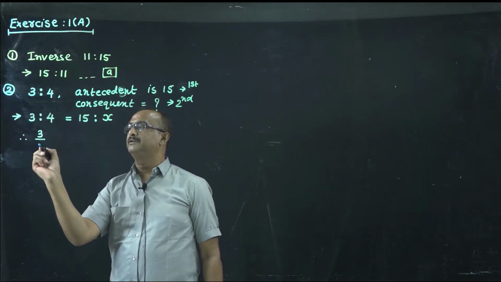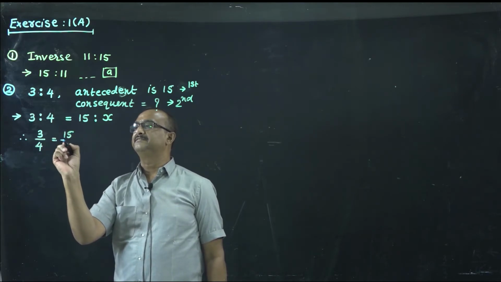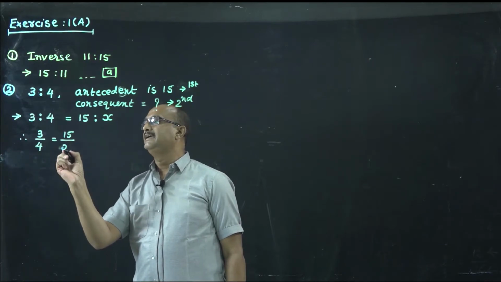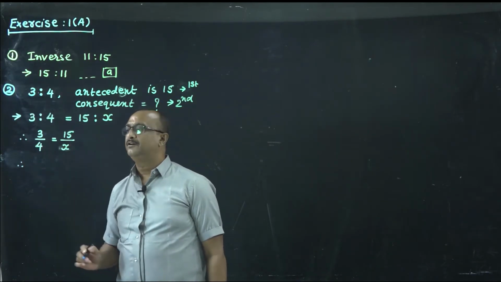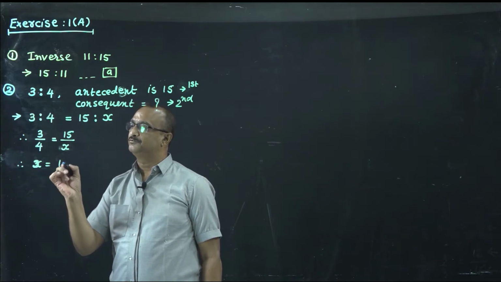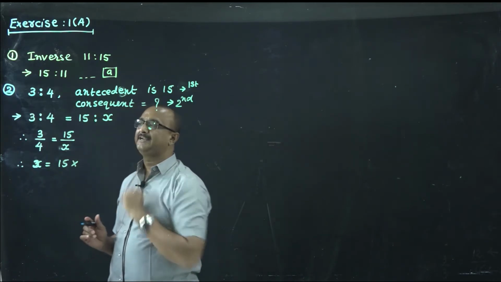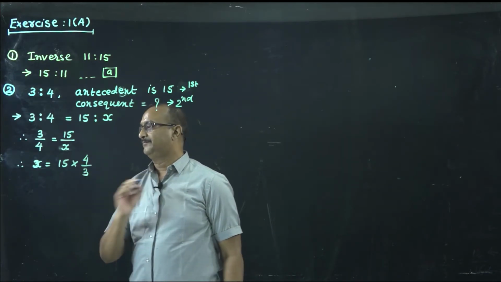3 is to 4 equal to 3 by 4 and here it is 15 by x. Now moving x on the left hand side, we get x is equal to 15 multiplied by, now moving this fraction on the right hand side, it becomes 4 by 3.